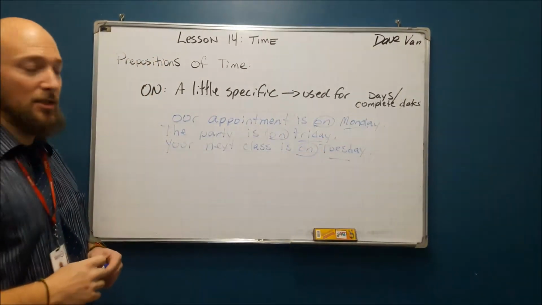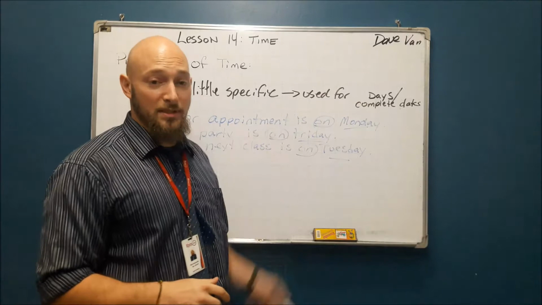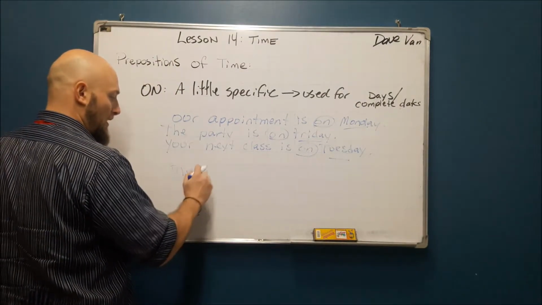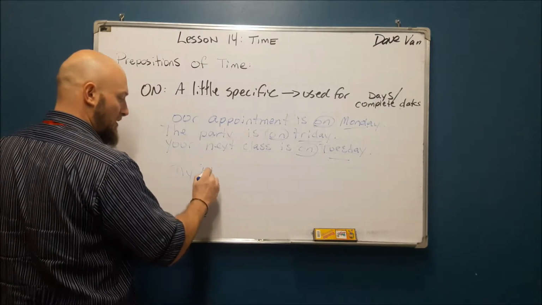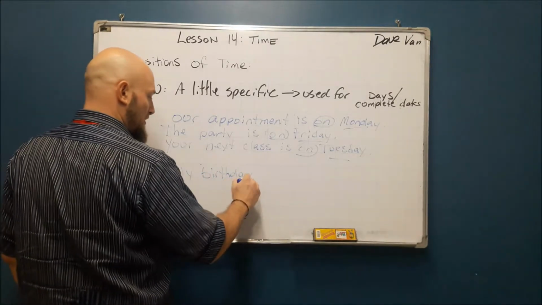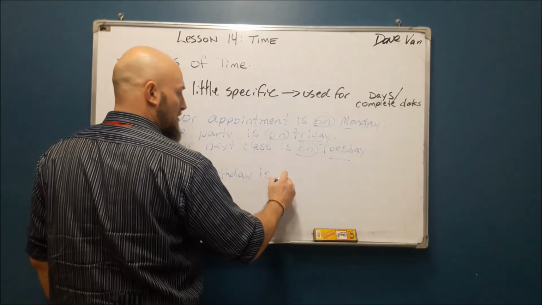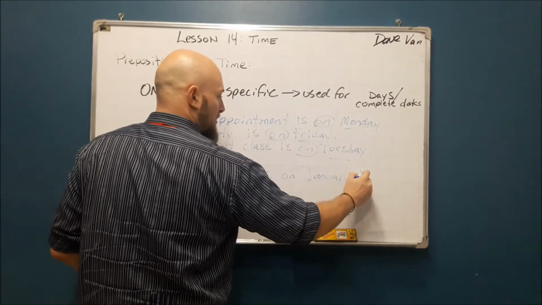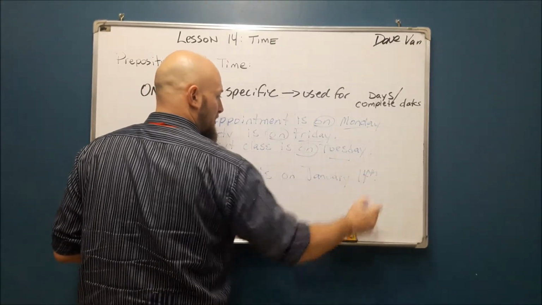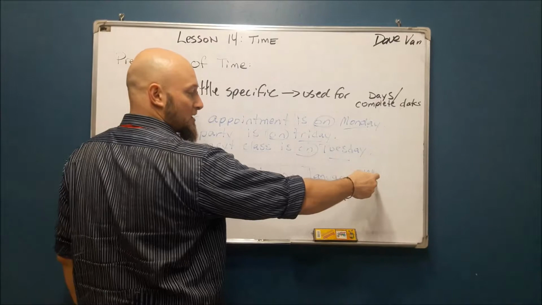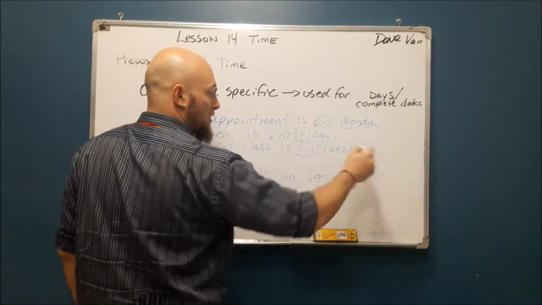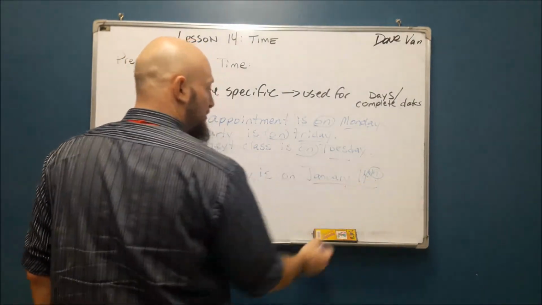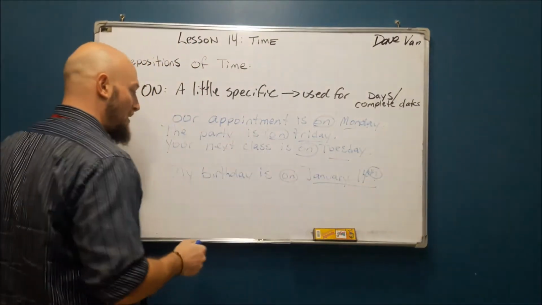Okay. Now continuing, we're gonna do complete dates. Some examples for complete dates. My birthday is on January 14th. Remember, for dates we use ordinal numbers. Okay, January 14th is a complete date, so we use on.